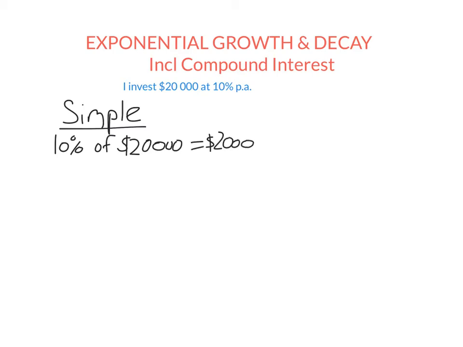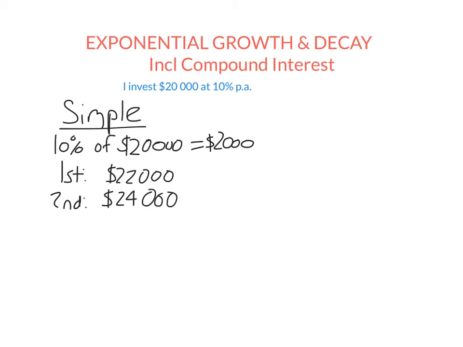So what happens with simple interest is the amount that's in your account, the amount you have, would go up by $2,000 each year. It will go up by 10% of what you started with each year. So at the end of the first year, you would have $22,000. At the end of the second year, you would have $24,000, and so on.